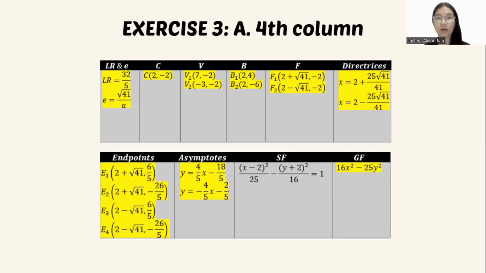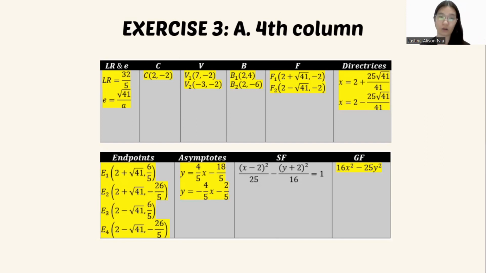And the foci are 2 plus square root of 41 and negative 2, and 2 minus square root of 41 and negative 2. Then the directrices are x is equal to 2 plus 25 square root of 41 all over 41, then x equals 2 minus 25 square root of 41 all over 41.